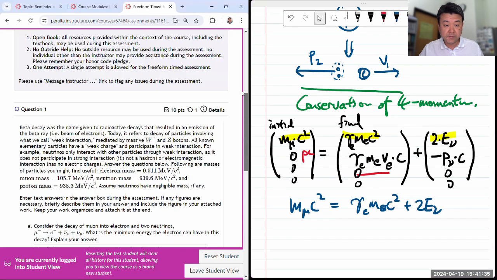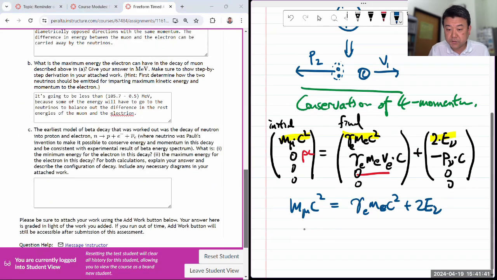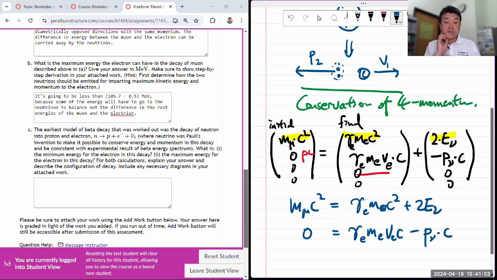How much time do I have left? 12 minutes. All right, I probably should go faster. And we have 0 is equal to gamma_e m_e v_e c minus the momentum of the neutrino times c, again assuming it's massless.